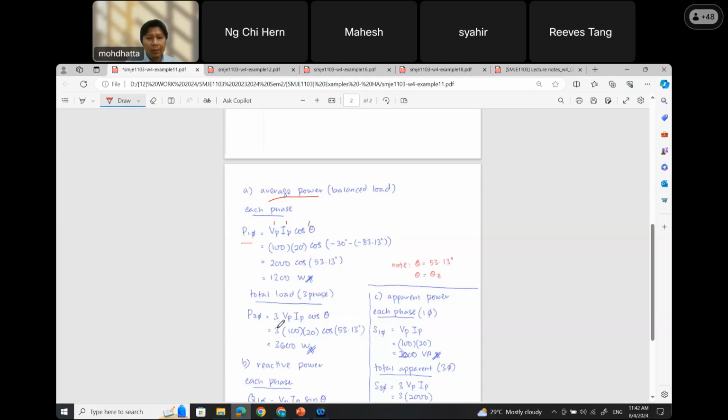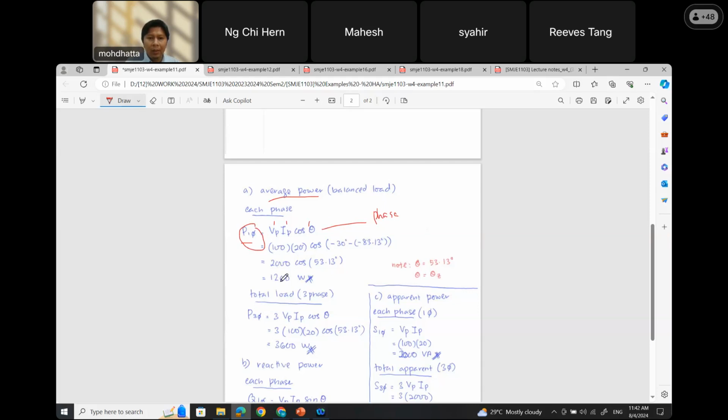Here, the voltage and current in this equation, in general, refer to the phase information. That's why you have P single phase, the single phase active power or single phase average power.